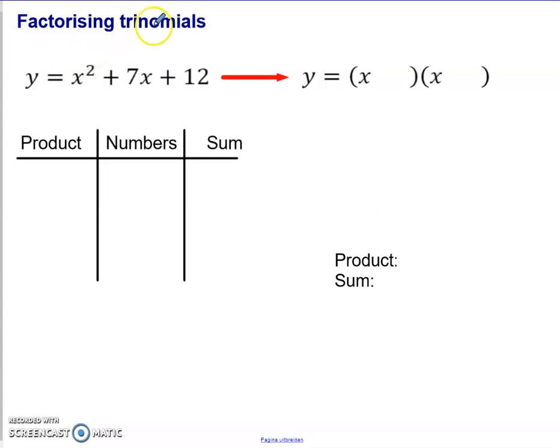So, over here we have the first example, and over here is a trinomial, and we're going to factorize it. So I've set ready y equals two sets of brackets, and also the x is already over here and over there. Why they should be there, I'm going to explain to you later on.